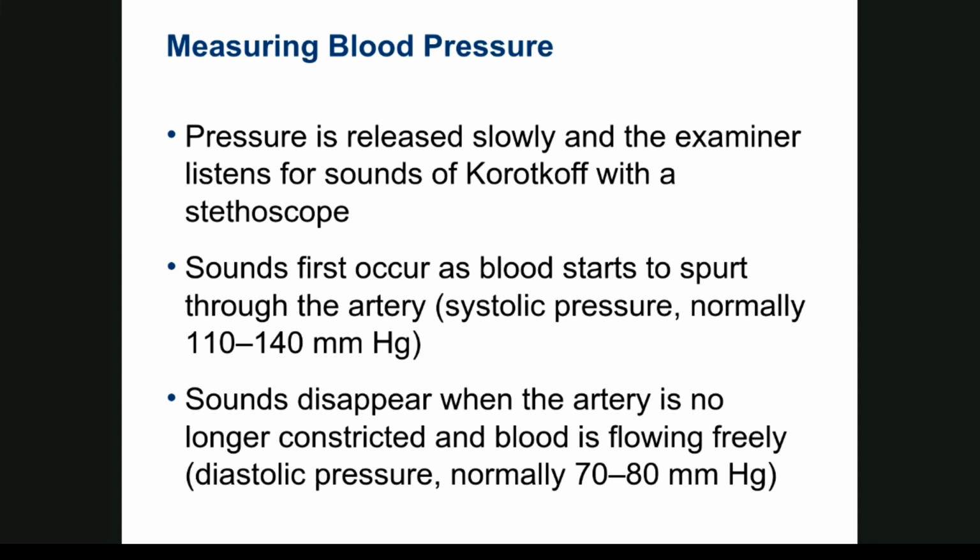The first sound that starts indicates your systolic pressure. That's because you have finally reached the pressure in the cuff that is equal to that in the artery, because the blood's getting through. But it continues to cause turbulence until the sound disappears, which is your diastolic pressure.